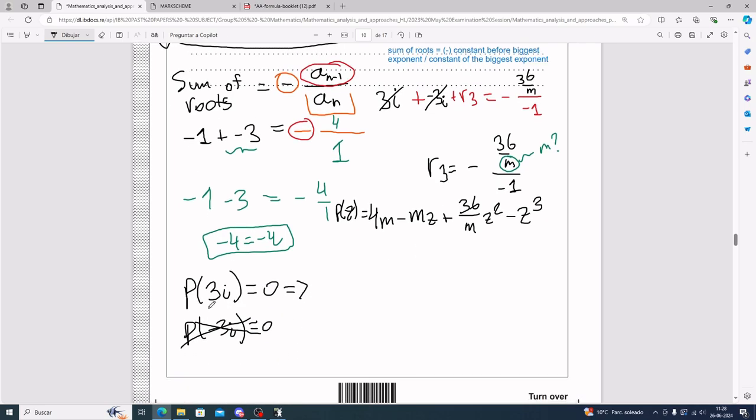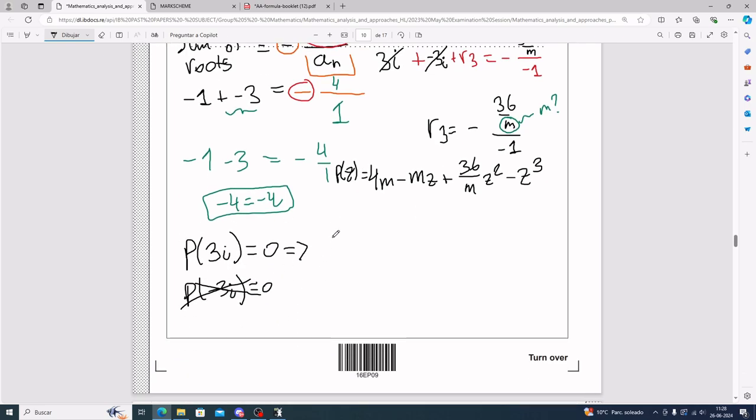So if you go ahead and plug in 3i here, first of all, it's going to look really nasty. And so what you're going to end up with is 4m minus 3im plus 36 divided by m times 3i squared minus 3i cubed.